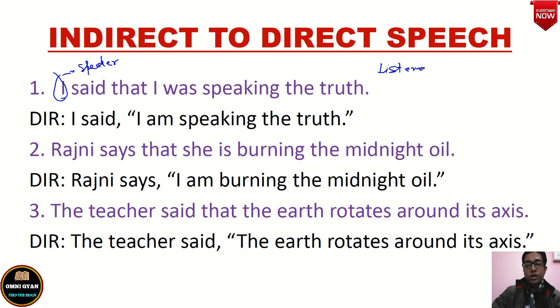So आप सबसे पहले speaker and listener you try to figure out. सबसे पहले आप speaker और listener को ढूंढ लीजिए. तो listener is missing from here. Okay, so our only concern is with the speaker. So I said that I was speaking the truth. अब आपको ये inverted commas में डालना होगा.